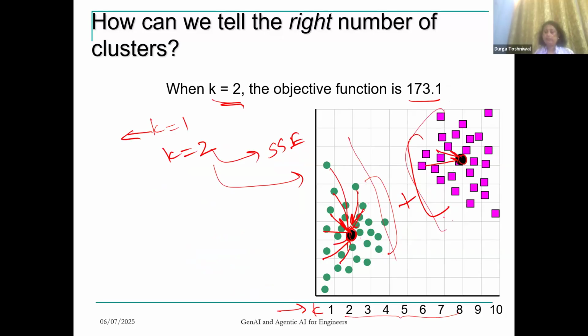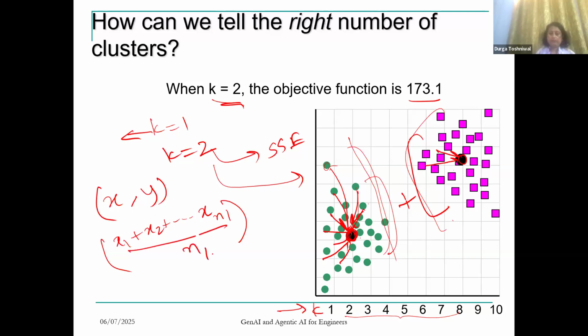Now, having assigned these points, I'm going to use all the attributes of the points to find out the value of this mean, right? Let's say I'm having 2 attributes only, x and y, because this is a 2D plot. So for all the green points, I'm going to find out this x1 plus x2 plus whatever the number of points are there, let's say n1 points, I'm going to find out a mean.